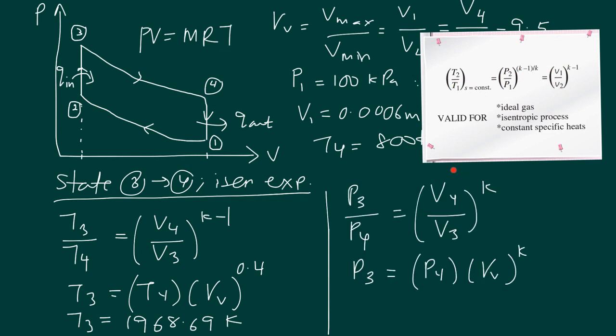You bring this power to your right hand side, so you are left with K. Now you need to find your P3, therefore you will need your P4, but P4 is not given here, so we need to proceed with the next process, hoping that we are going to find the value that we need in 4 with these relations at 1.